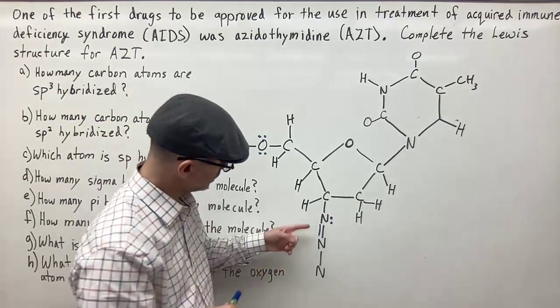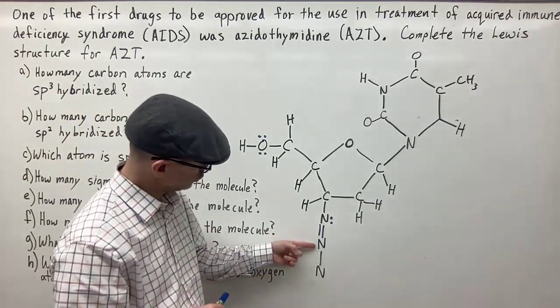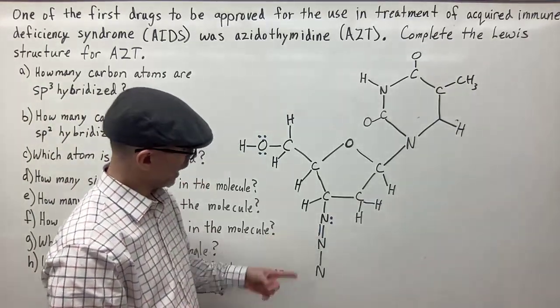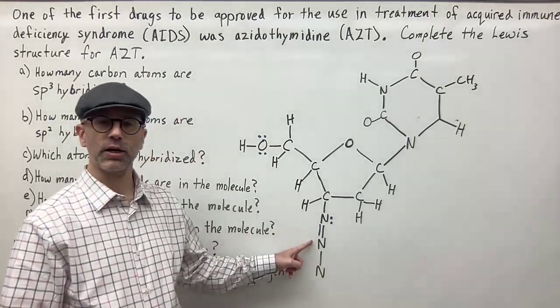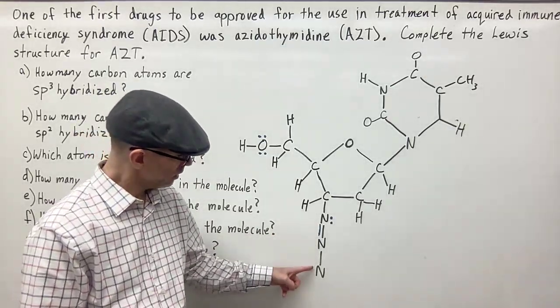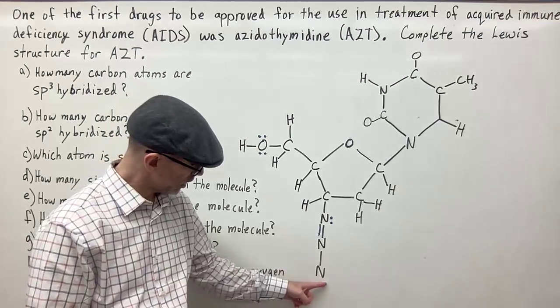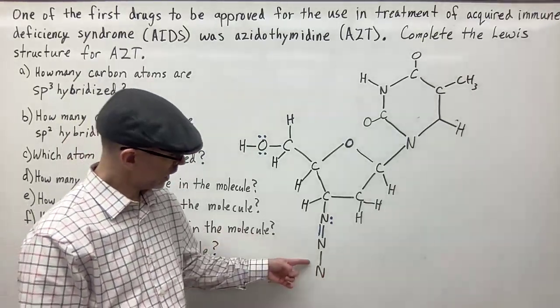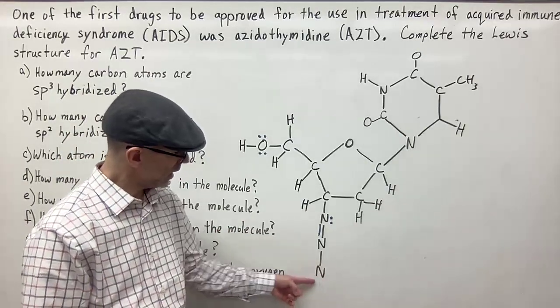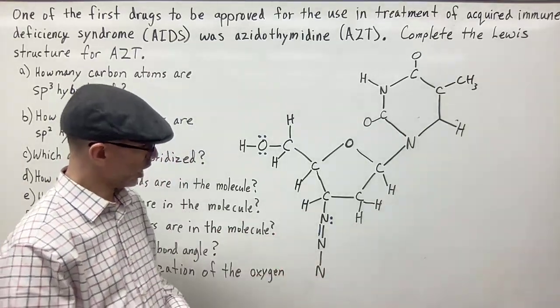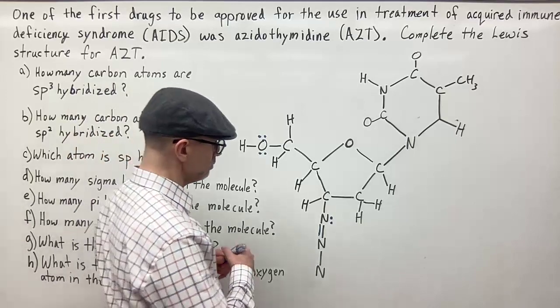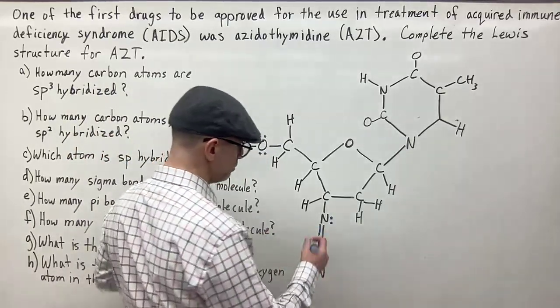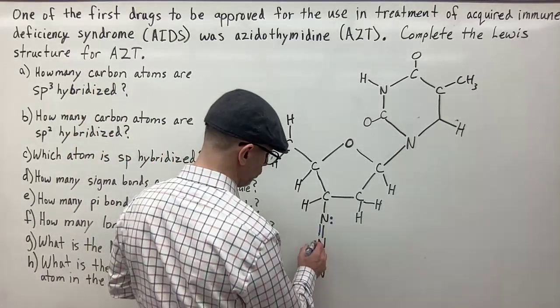And then this nitrogen has 3 bonds. Now we could put a lone pair, but then we could put 3 lone pairs on this one. But that's not really going to be the best, because if you look at formal charge, we'll have too large of a formal charge.